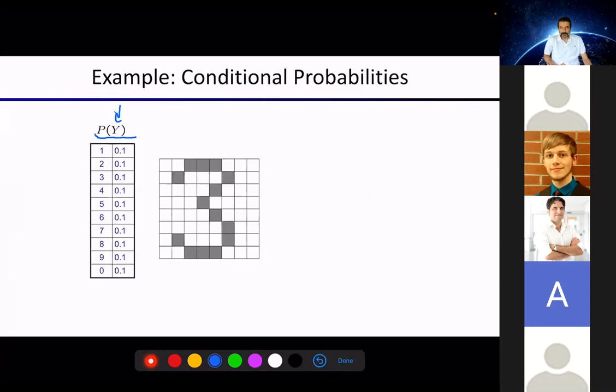So let's clarify what the prior is. Prior means your belief or assumption about what is probable or what is not, before even looking at any data point, right?